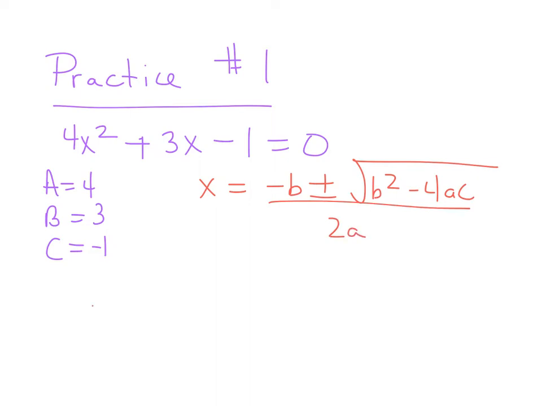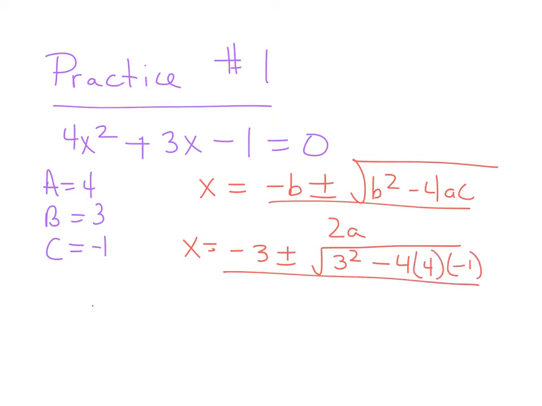So x equals negative 3 plus or minus the square root of 3 squared minus 4 times 4 times negative 1, all over 2 times 4.